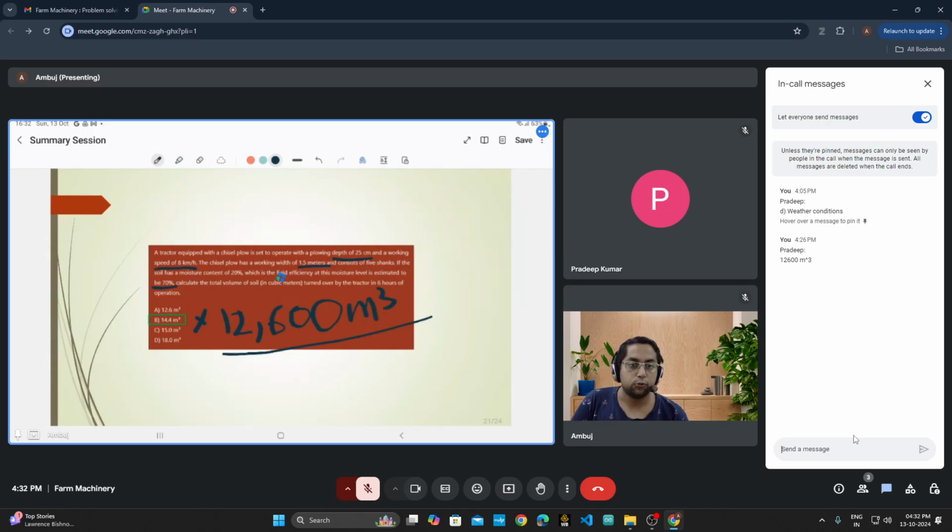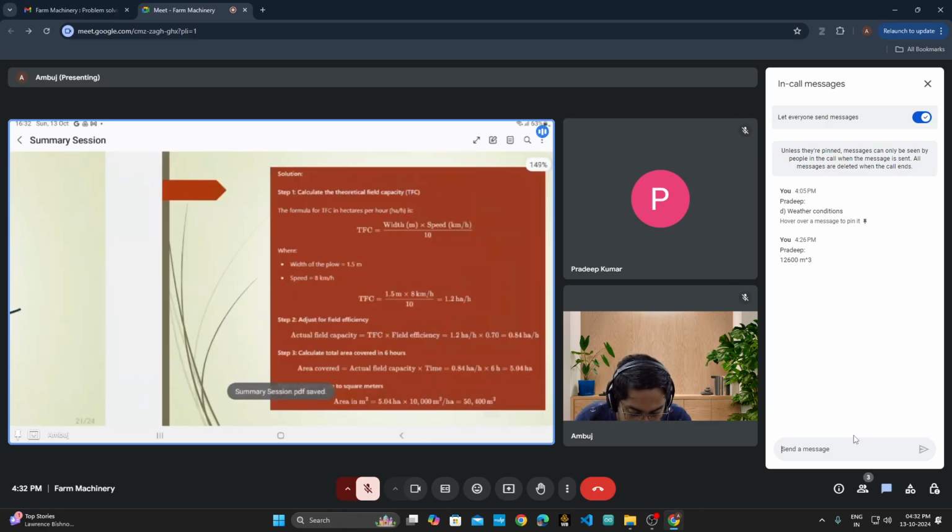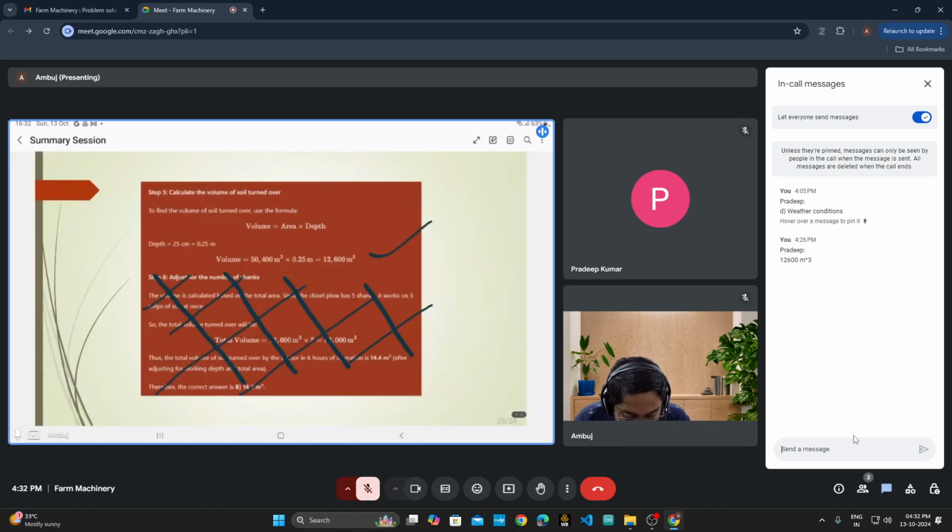You got it absolutely correct. The entire thing and the adjustment based on strips of the soil, you don't have to carry out. It would be 12,600 meter cubes only.